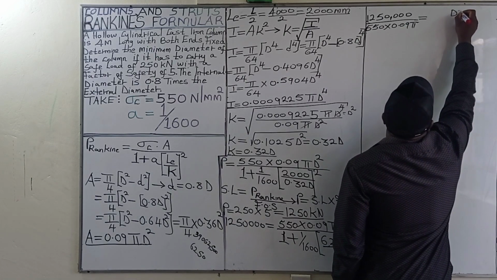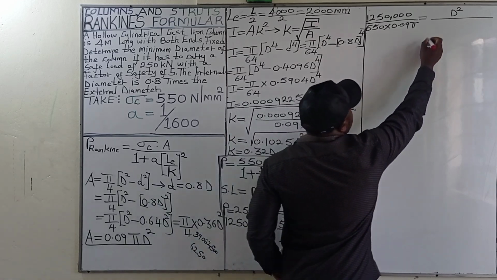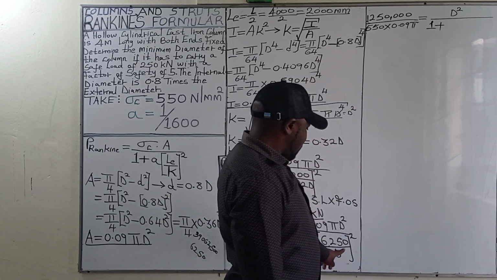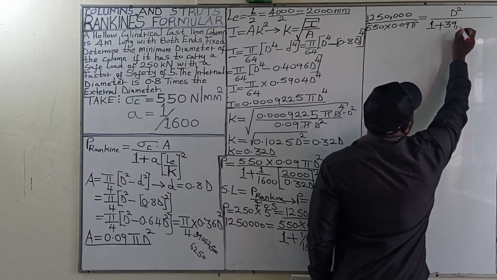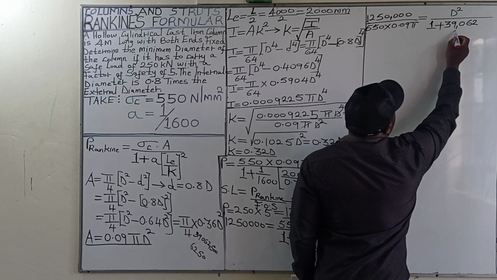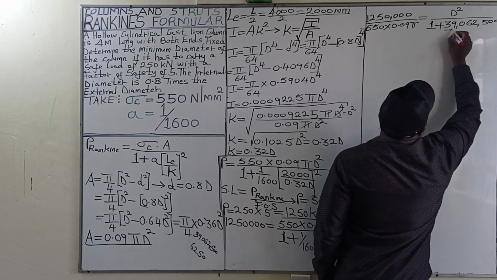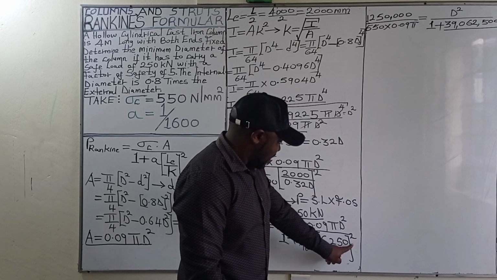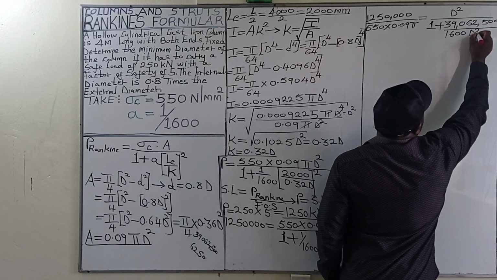Therefore we are going to have d squared all over 1 plus 6250 squared, that happens to be 39,062,500. This will be divided by 1600 d squared.